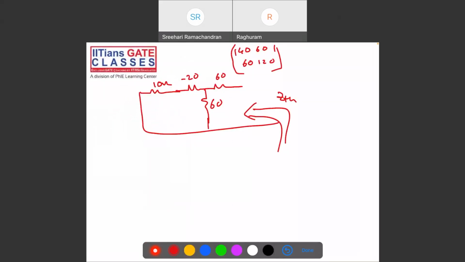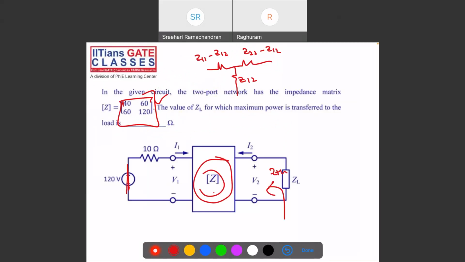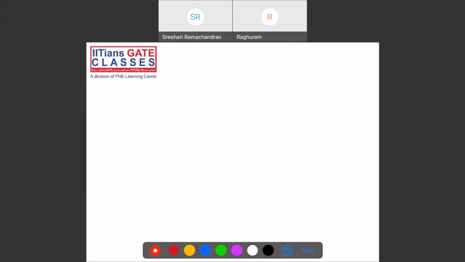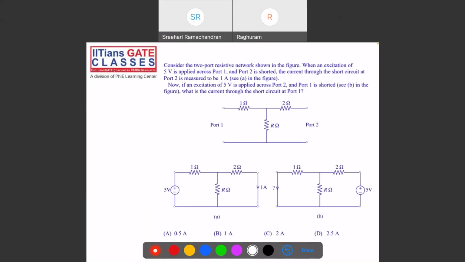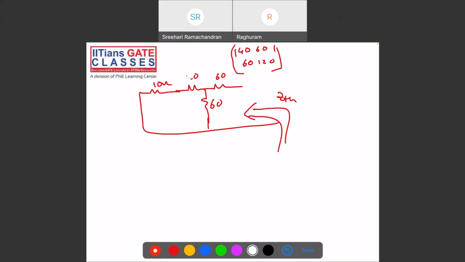I think I have written some numericals wrong. Okay, 140. Then how much will this be? This will be 80, right? 140 minus 60 is 80.